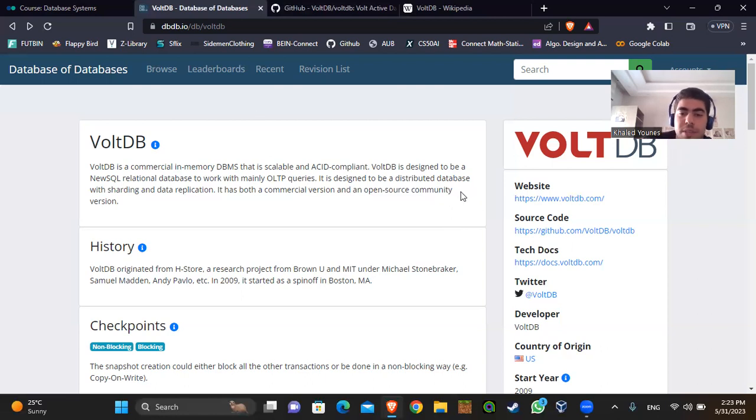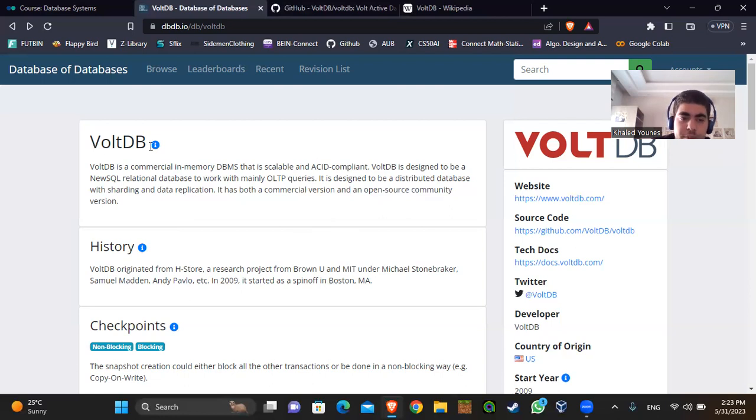It is a shared-nothing distributed database, and sharding is basically to cut down your data into equal parts. So it's split on multiple nodes per cluster or on multiple clusters beside each other.